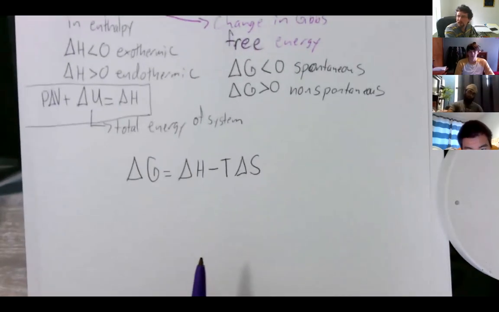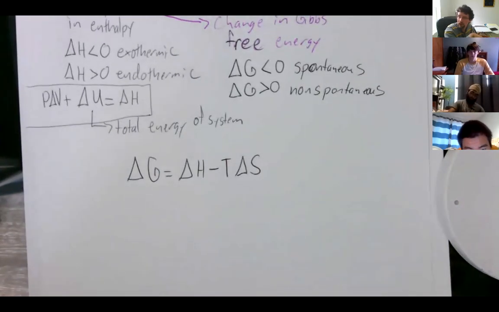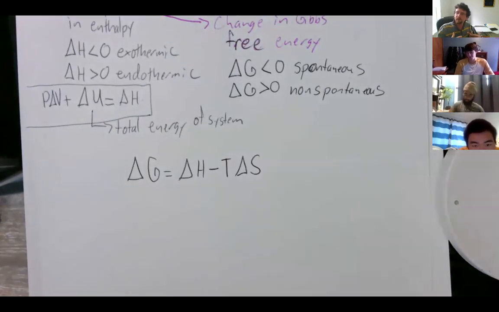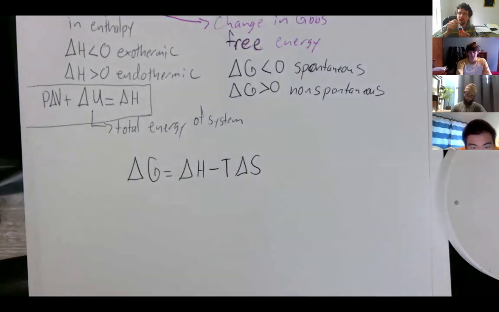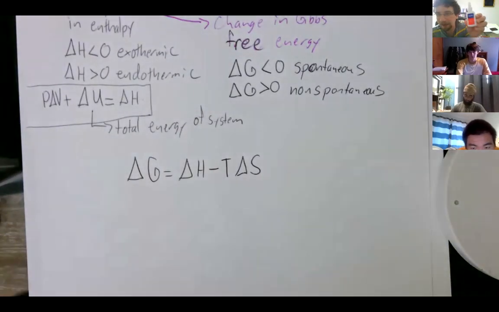So you guys have talked about the system and the surroundings, right? The system is the part of the universe that we care a lot about. What are the surroundings? For example, I have some glue here.